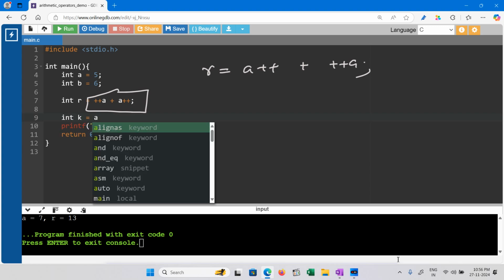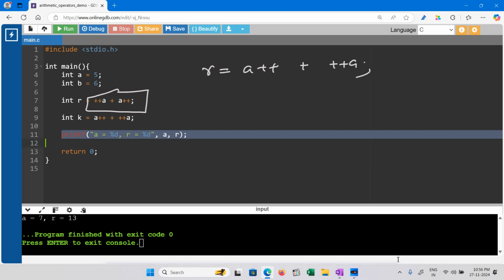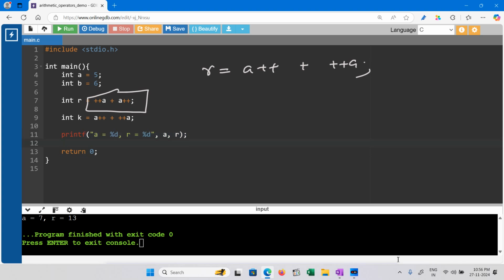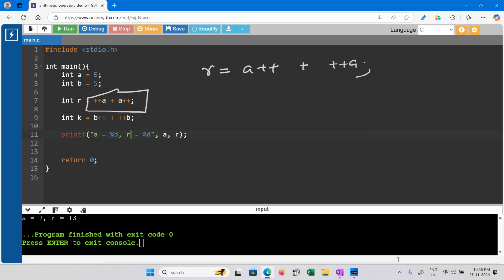Okay, fine. Now let us print k here again, and let me update with b also, the same value, b and b. Now I am going to update the values of b and k, and let's see their behavior.